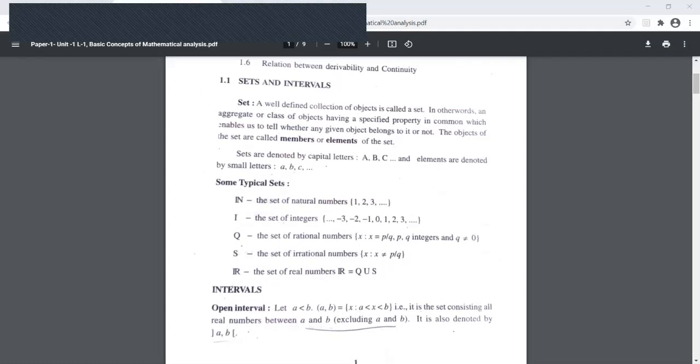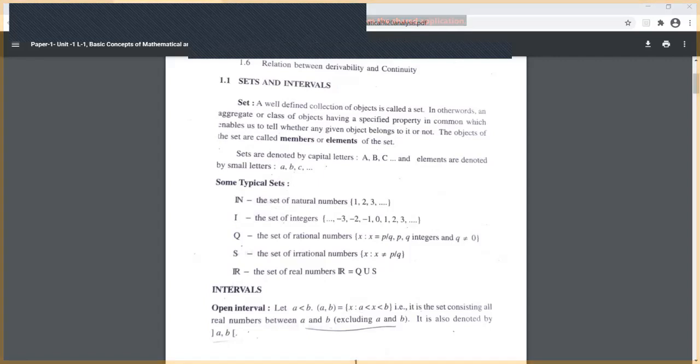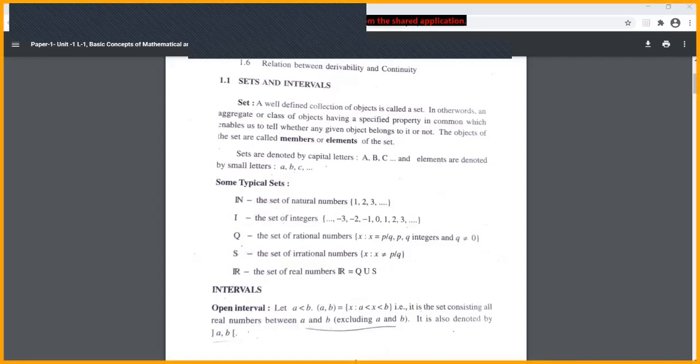A set is a well-defined collection of objects. In other words, an aggregate or class of objects having a specified property in common, which enables us to tell whether any given object belongs to it or not. So what do we know about it?